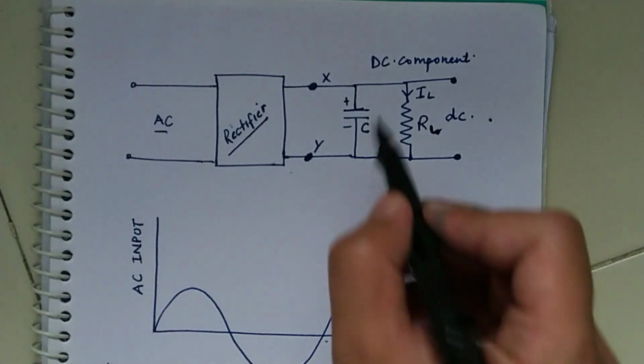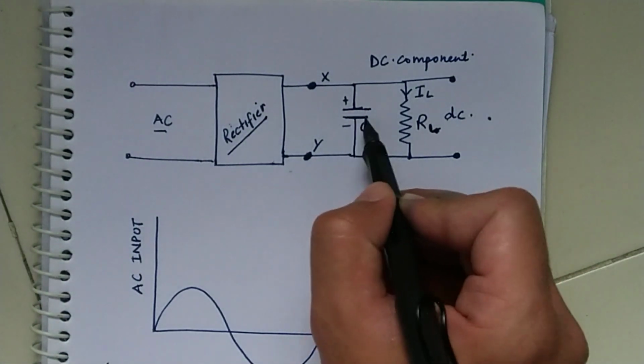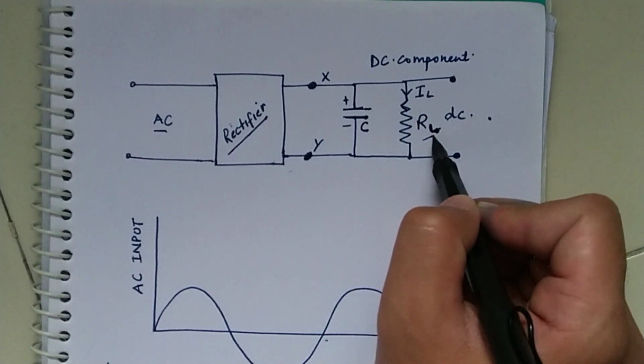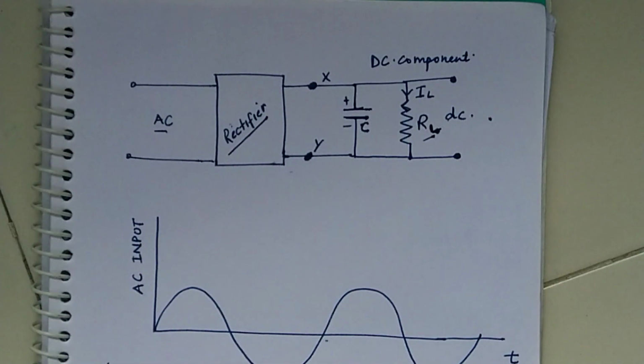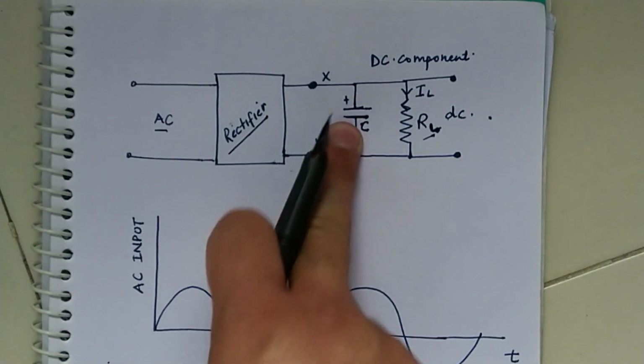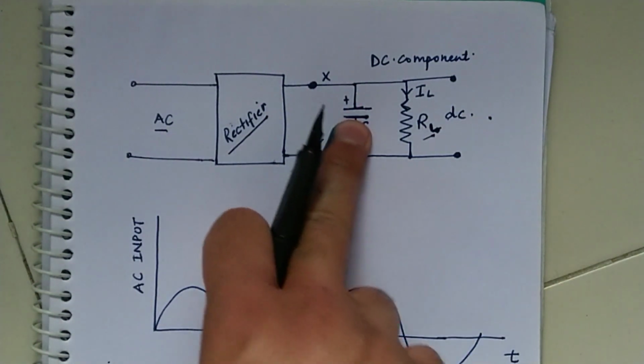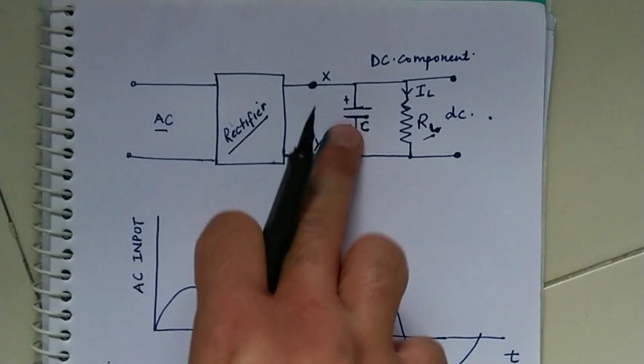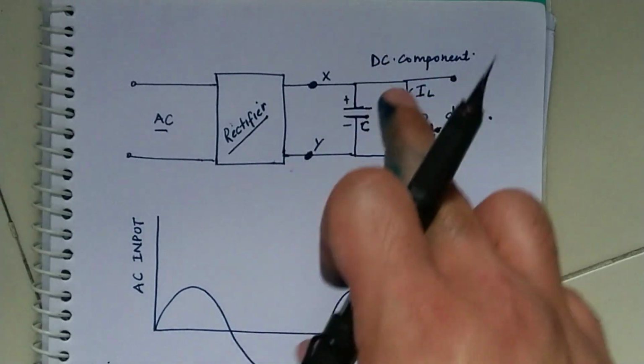Now see, this capacitor is connected in parallel to the resistance RL. Is that clear? So this capacitor will function as a charge storage. This will store the charge.